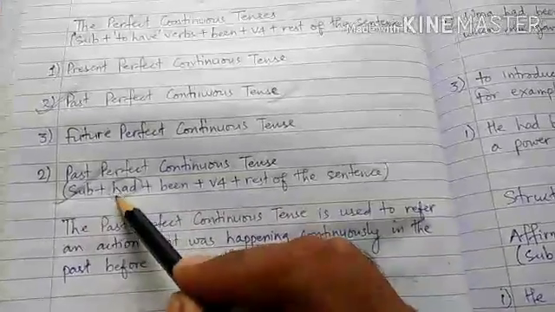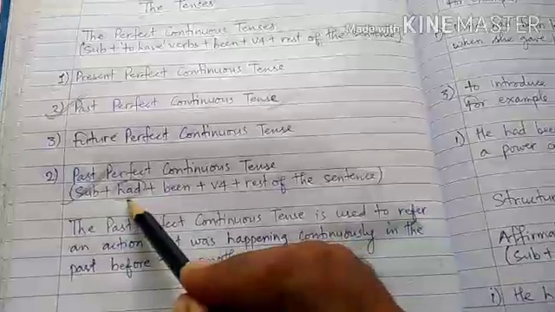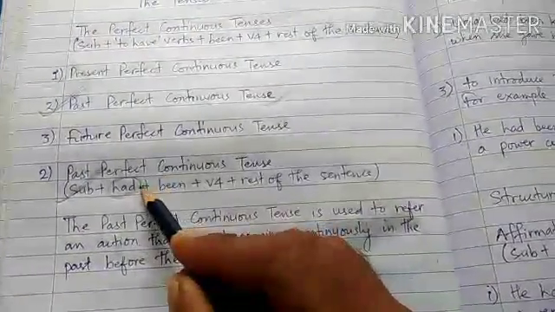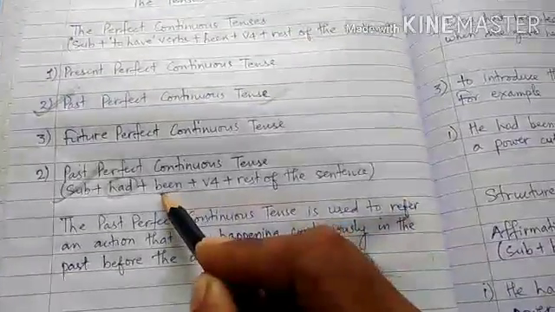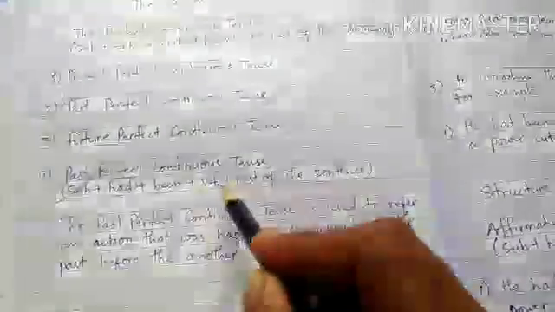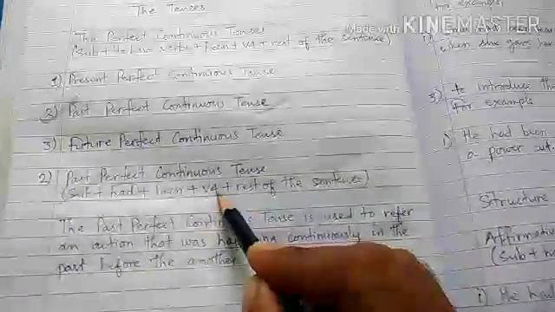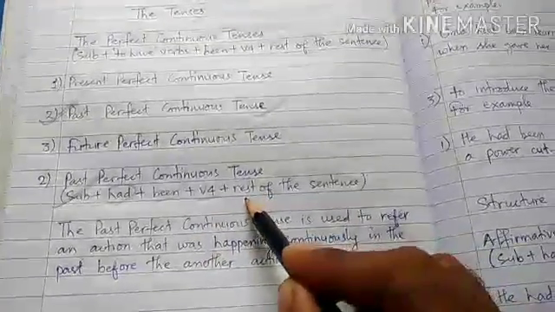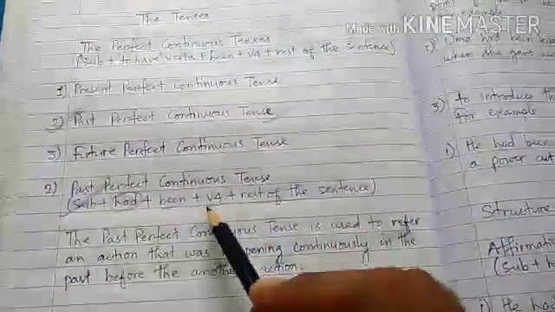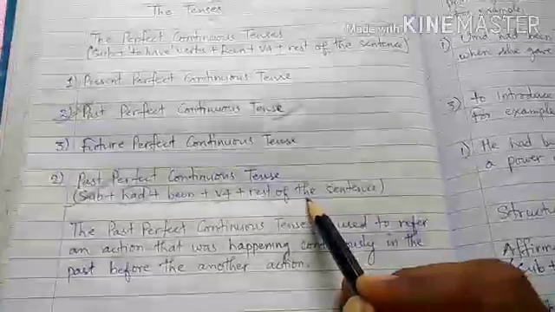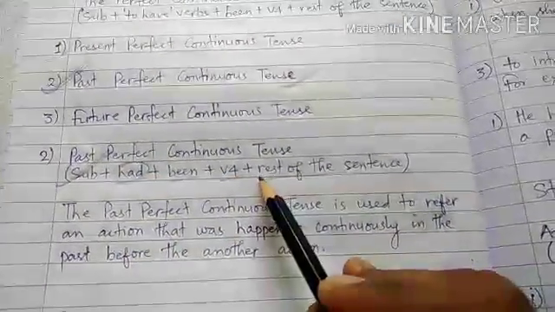After had we will take been, the B3 form of the verb from the group of to be verbs. After that we use the B4 form of the verb, that is the present participle form, and then comes the rest of the sentence. That means as a whole, subject plus had plus been plus B4 plus rest of the sentence is the structure of affirmative sentences in the past perfect continuous tense.